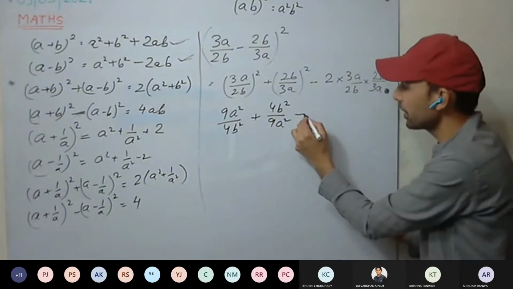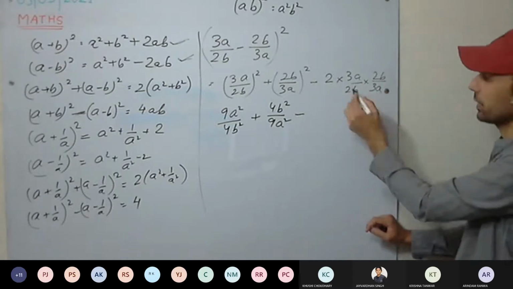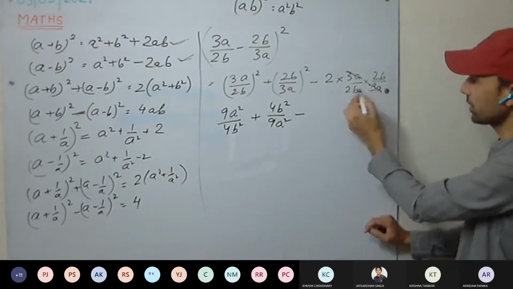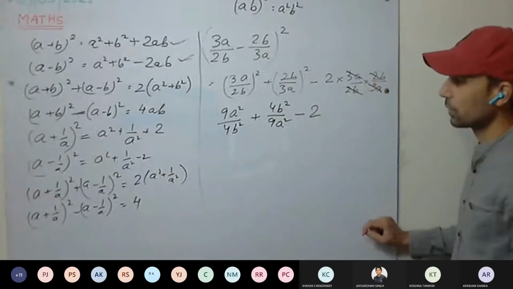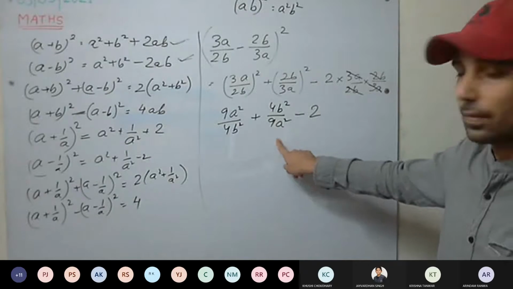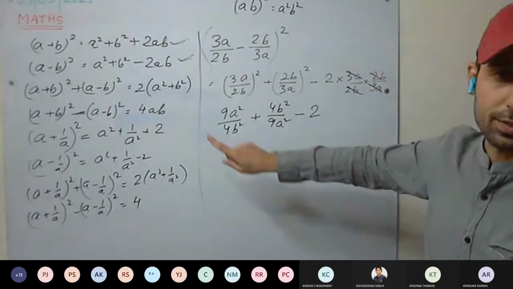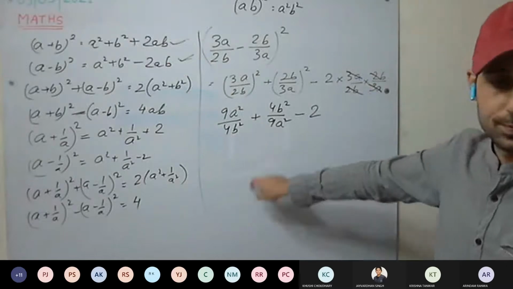This is clear. Anywhere you have doubt, just tell. 3a, 3a, 2b, 2b get cancelled, minus 2. This is the answer you will get. Clear? It was very easy. We just have to put in that formula and you get the answer.